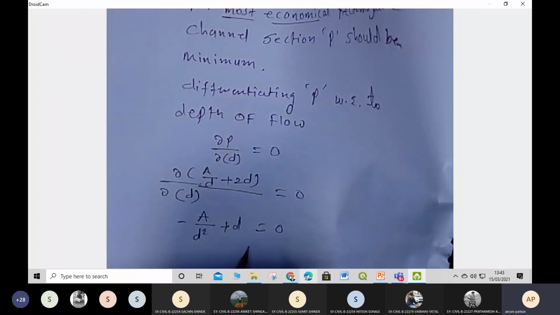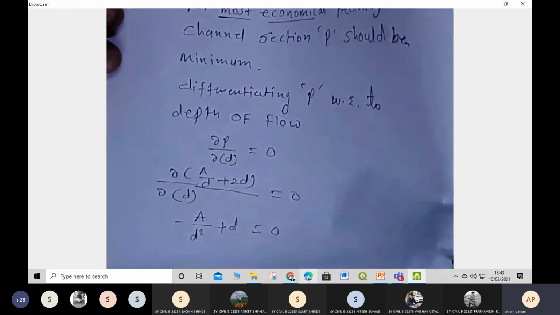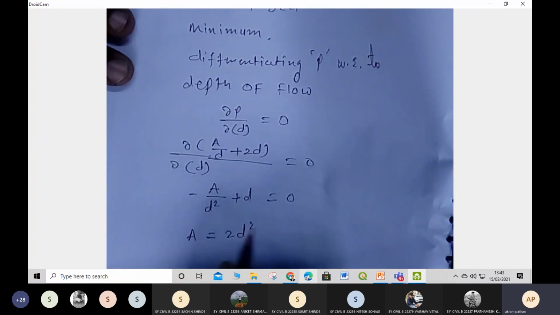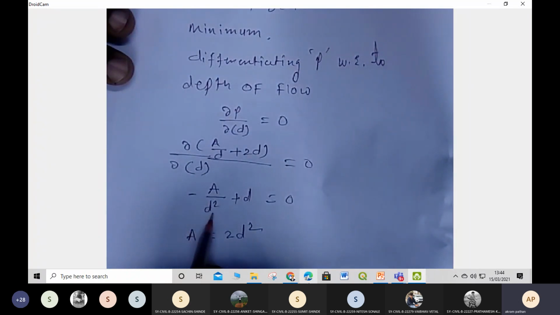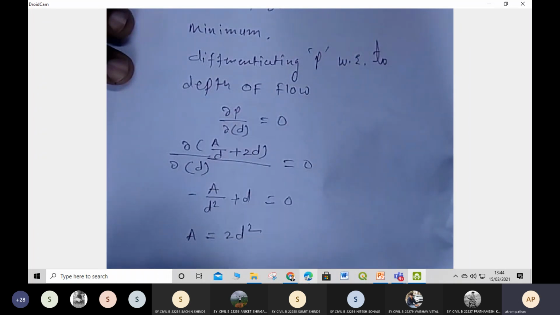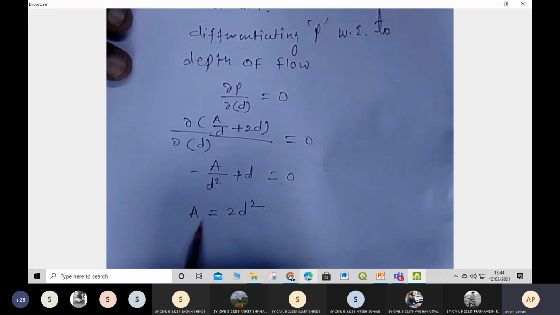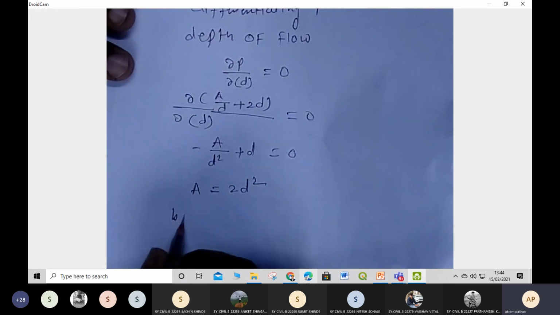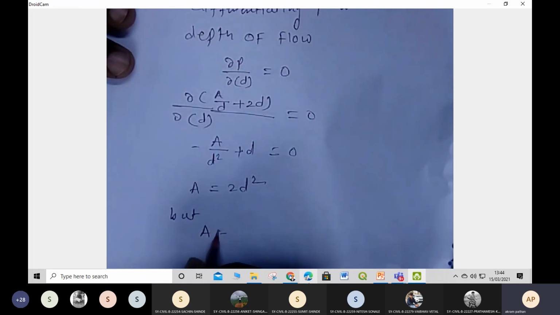Now A is equal to 2D square, so take this D square plus D. I will get A is equal to 2D square. But what is this A?